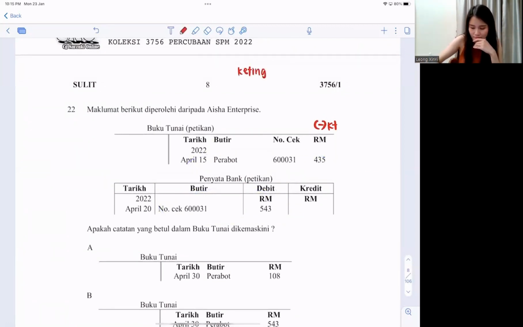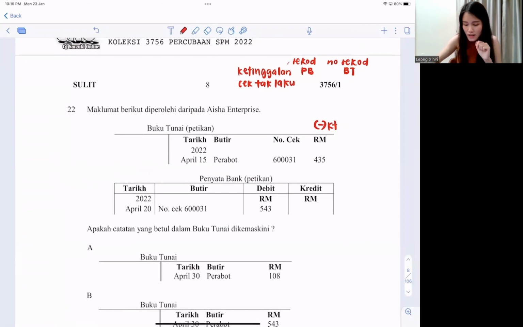Ketinggalan. No record. Okay. Ketinggalan is PB got record, buku tunai no record. Understand? Okay. While you still have cek tak laku, the factor, cek tak laku.